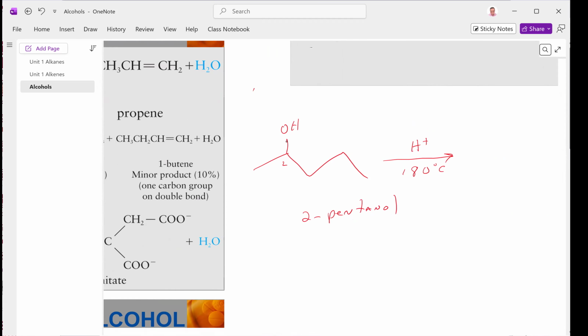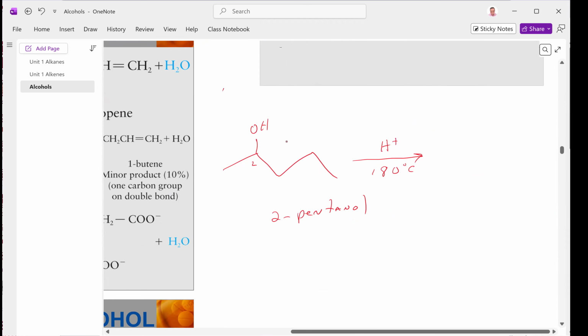Okay, so high temperature and acidic environment, we're going to dehydrate it. We're going to pull off water. And then you're going to get a mix over here.